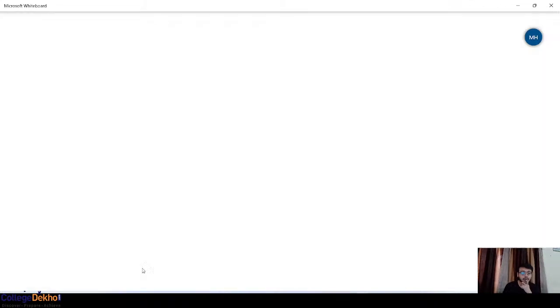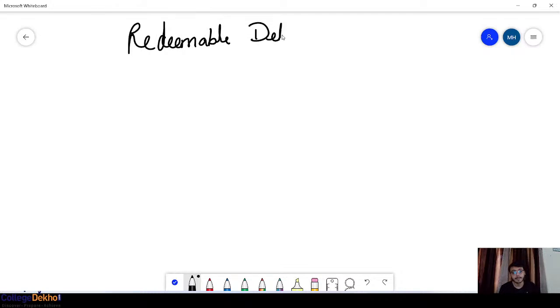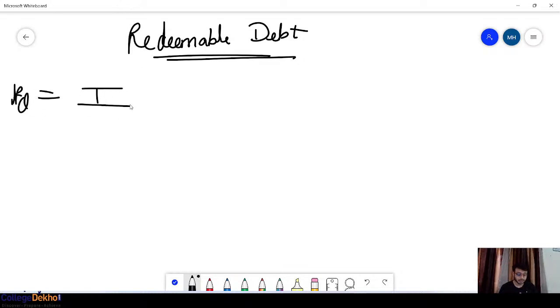Now let's talk about your redeemable debt का formula. Redeemable debt. The cost of debt is equal to interest payment.